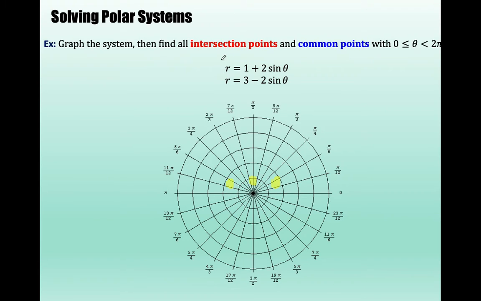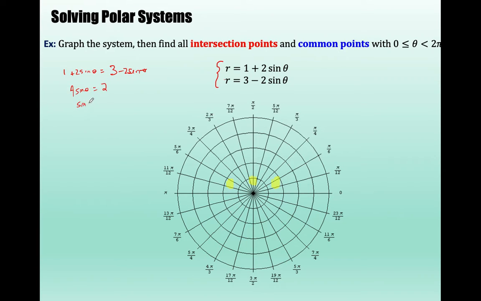So first I'm going to take care of intersection points. I'm not even going to look at the graph. I'm going to solve this system with substitution by putting r equal to 1 plus 2 sine theta in for this r here and get 3 minus 2 sine theta. And collect my sine thetas and move my numbers over here.